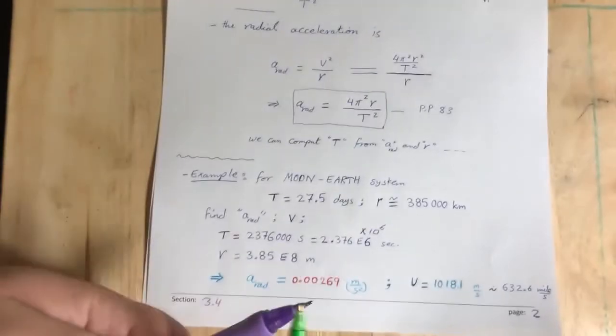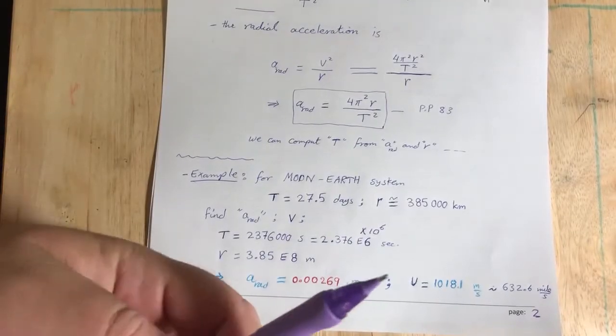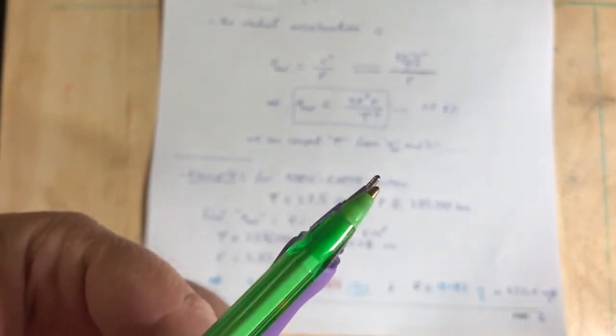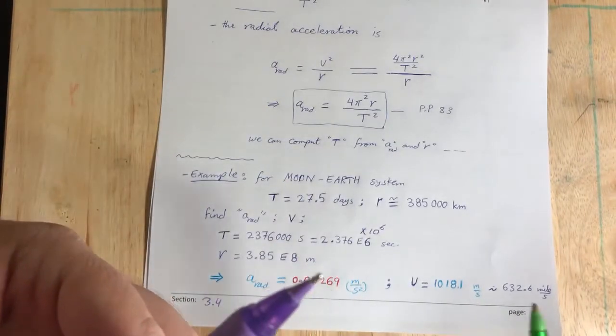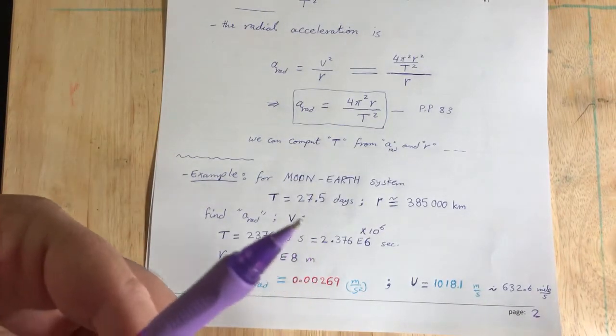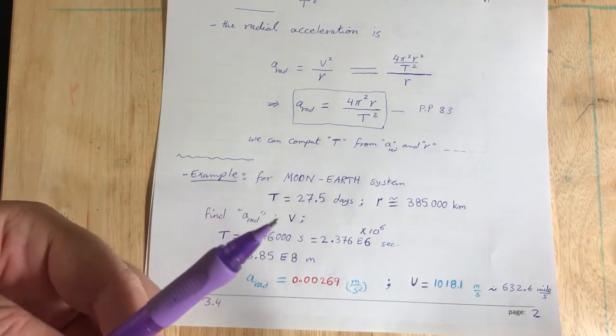It is just about the same as the pin head width. It's almost 2 millimeters or less. This is the acceleration for the Moon toward the Earth.